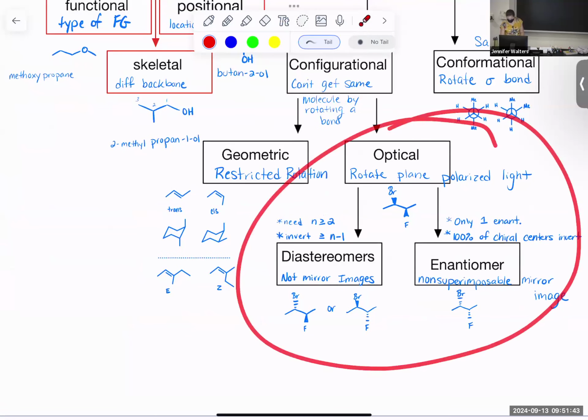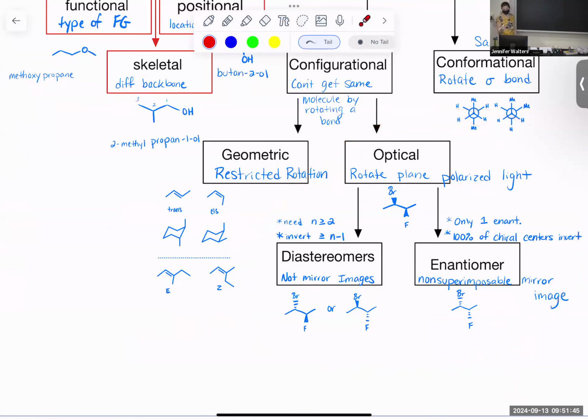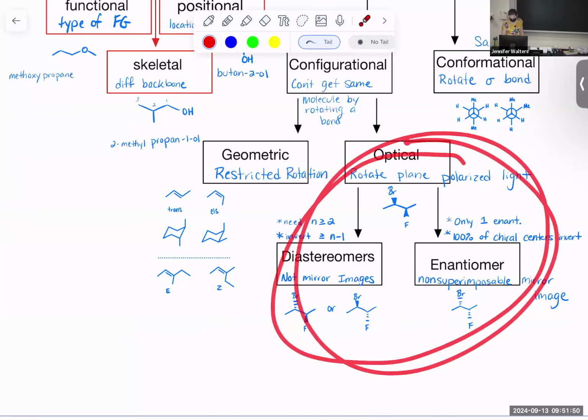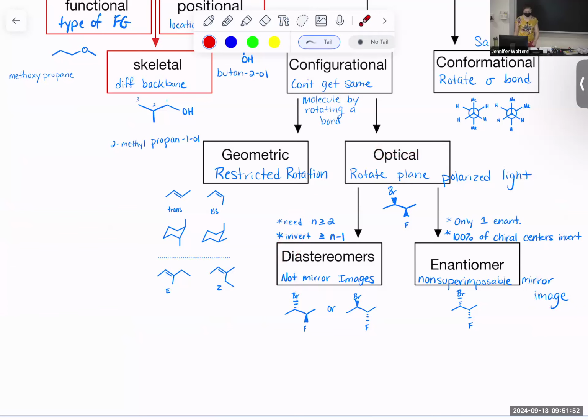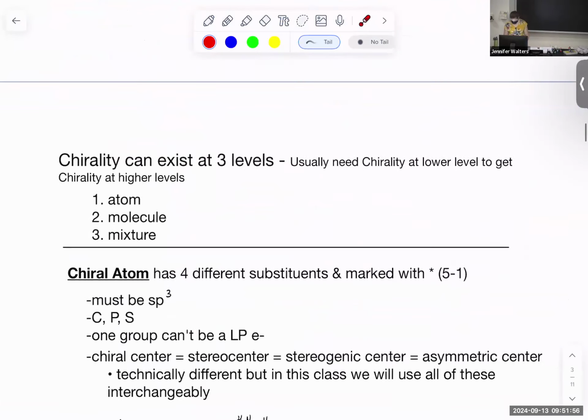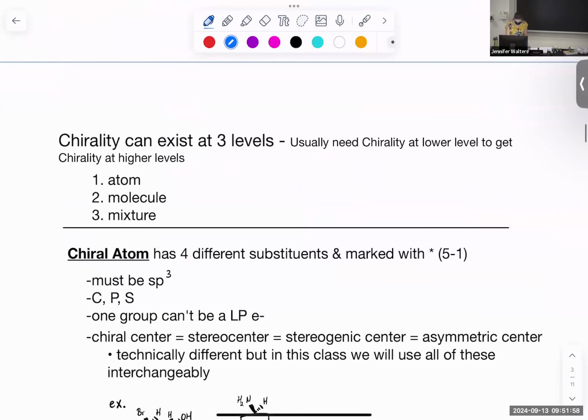So this is where we're going to spend the next week focused on, all of the nuances of this corner of our stereoisomers. Okay. So our chirality exists at 3 levels. We have chirality at the atom level, the molecule level, and the mixture level.